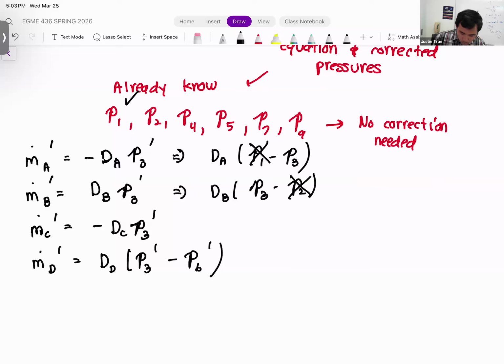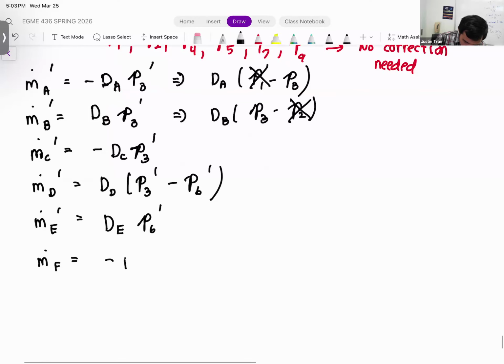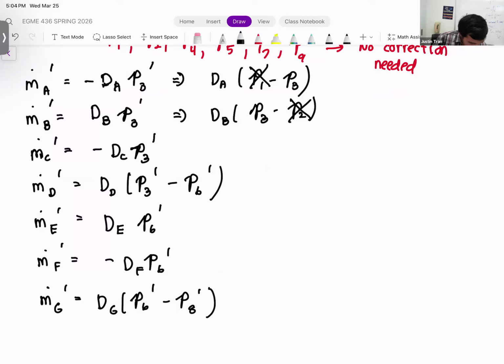Okay, it's our first equation here with multiple correction pressures. m dot E prime is dE times P6 prime. m dot F prime is minus dF times P6 prime. m dot G prime is equal to dG times P6 prime minus P8 prime.